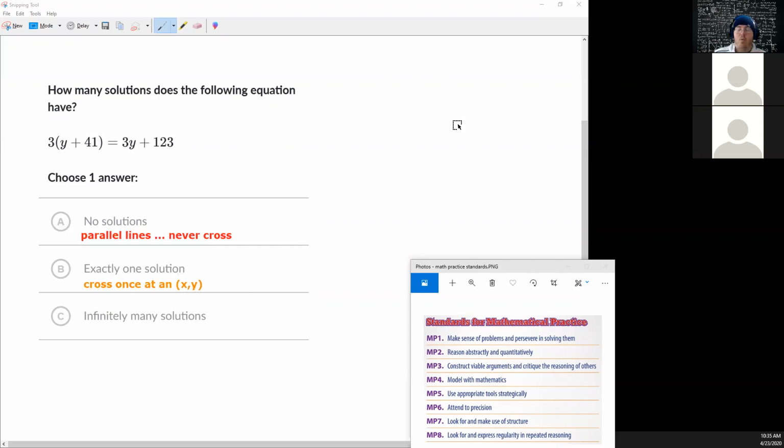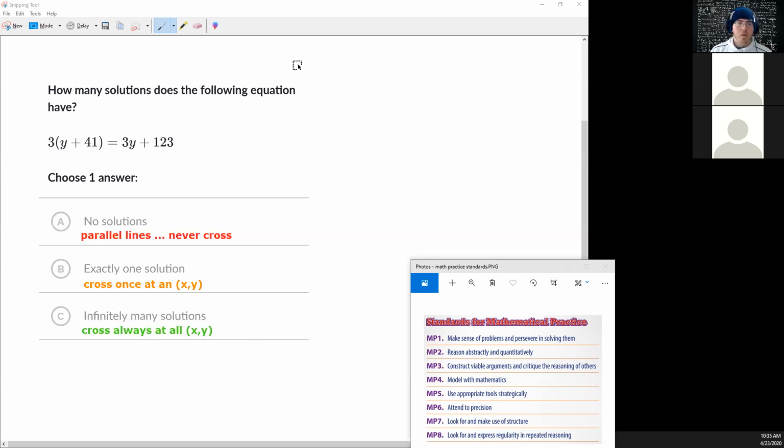That's what it means to have exactly one solution. They cross exactly once. And then infinite solutions means they're going to cross always, at all x and y values.